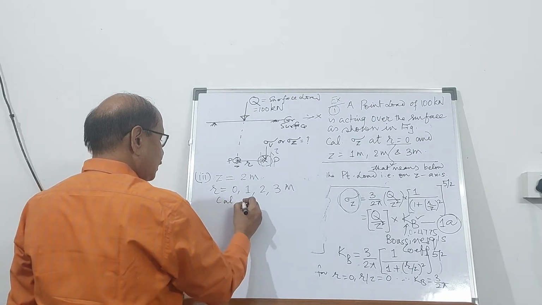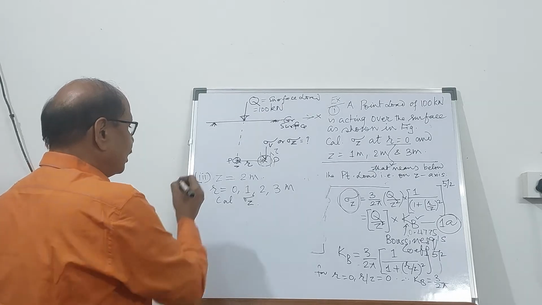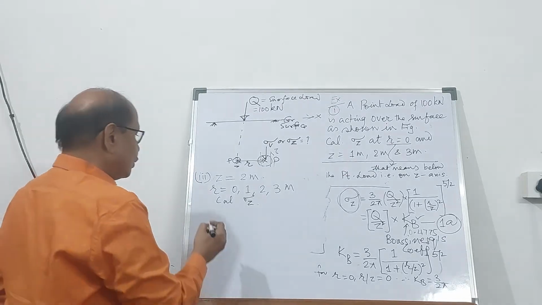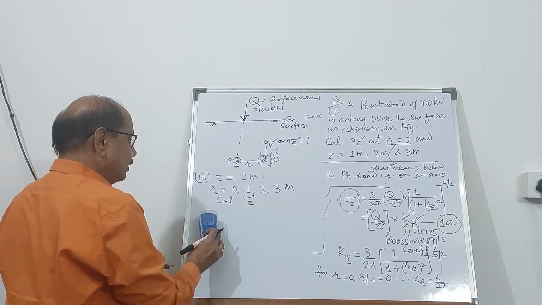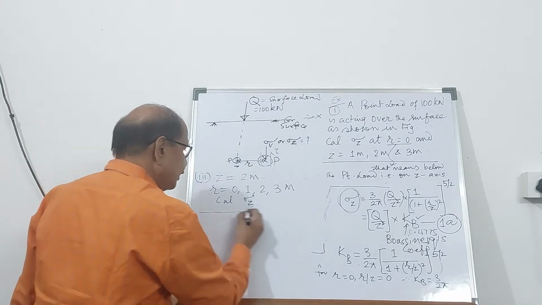Calculate sigma z. So this is the third part of this problem. So how will you calculate it? Now you know it, r by z needs to be calculated.